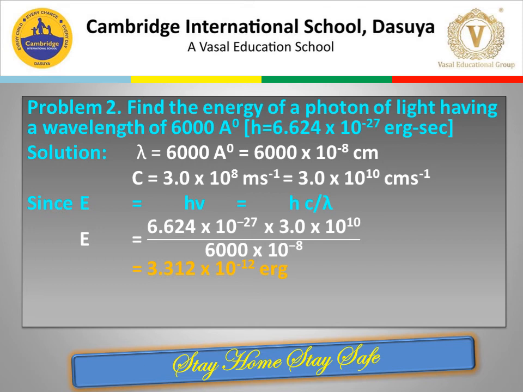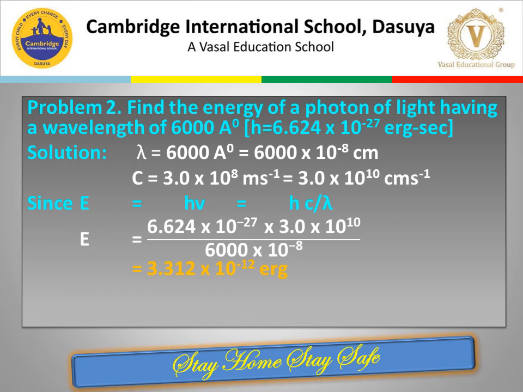Since h is in erg-second, we will convert this into centimeter. So this is equal to 6000 into 10 power minus 8 centimeter. Speed of light c equals 3.0 into 10 power 8 meter per second. In centimeter, this becomes 3.0 into 10 power 10 centimeter per second.